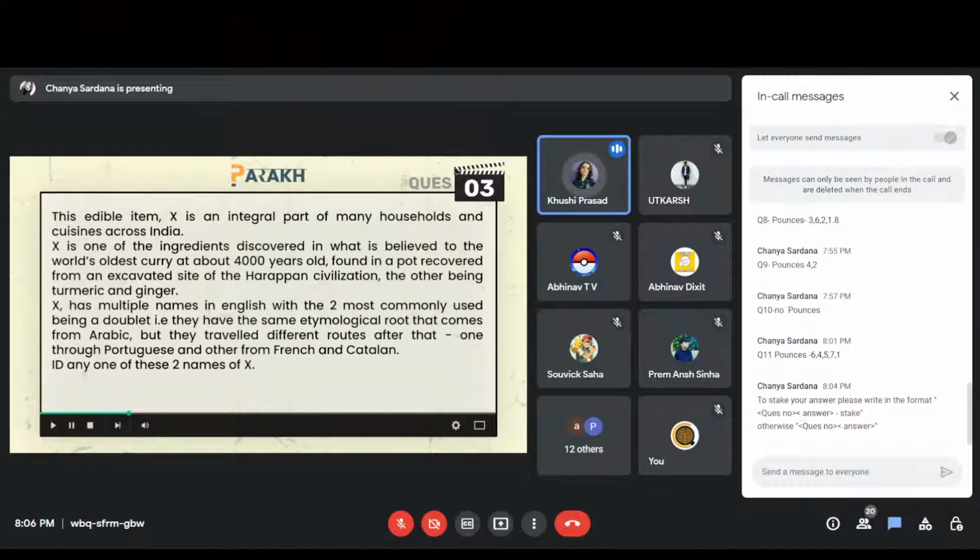X has multiple names in English, with the two most commonly used being a doublet. That is, they have the same etymological root that comes from Arabic, but they travel different routes after that, one through Portuguese and the other from French and Catalan. Identify any one of these two names of X.